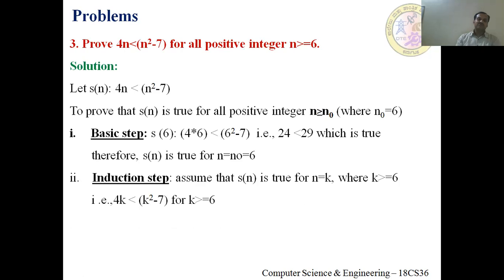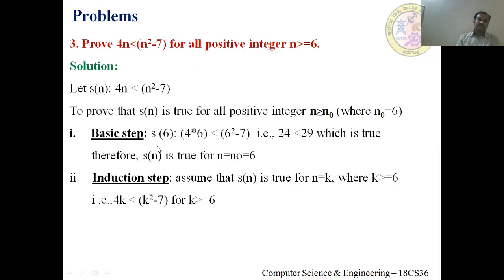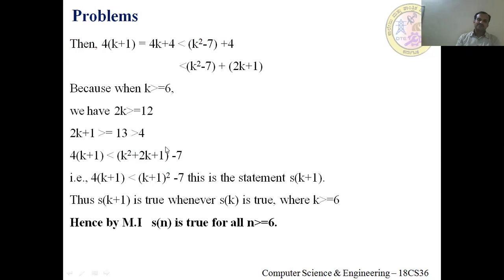Why do we need to add 4 on both sides? Because I need to get 4 of k plus 1. That's why I'm adding 4 to the left hand side of the inequality as well as the right hand side.